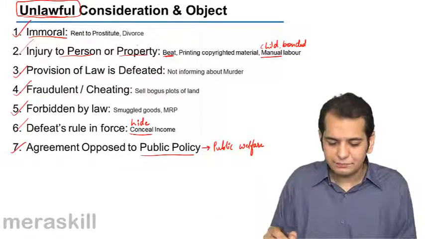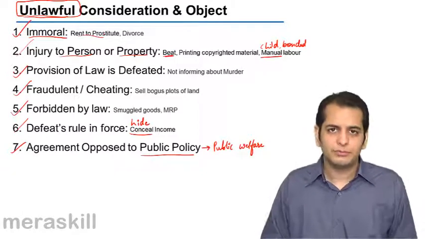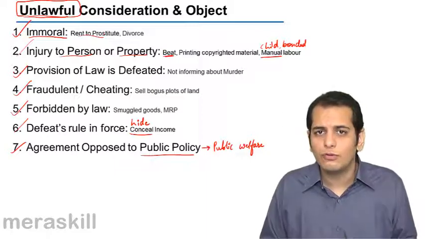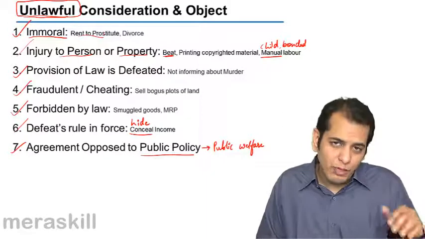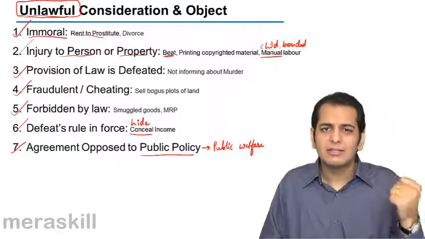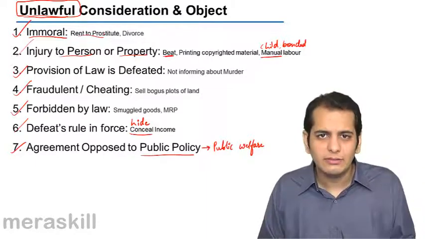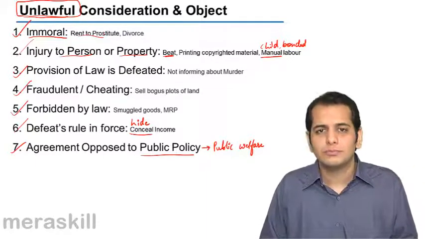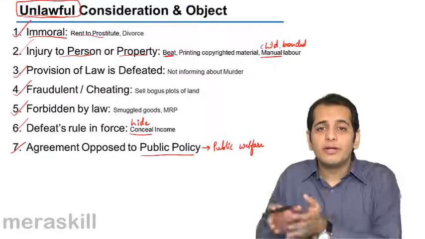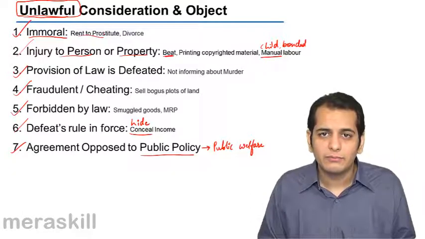Same is the case in renting your house to a prostitute. This contract will never be upheld by the court of law. If you have rented your house to a prostitute, this contract becomes illegal at the very beginning. Now, even if the prostitute does not give you rent, the law will not support you. You cannot go to the court of law saying that you rented a house for prostitution and that prostitute is not paying you rent now.